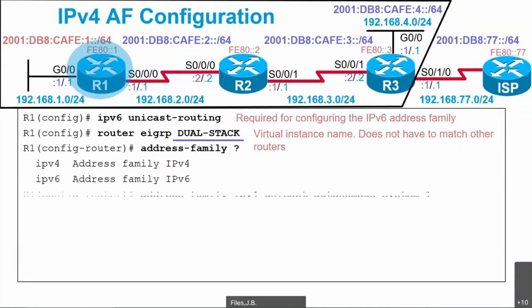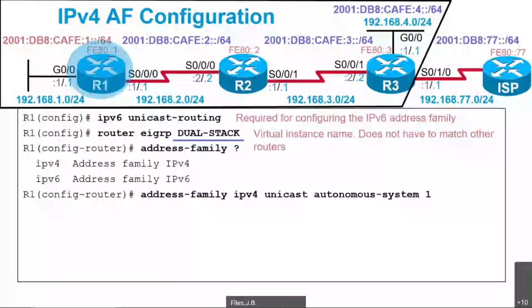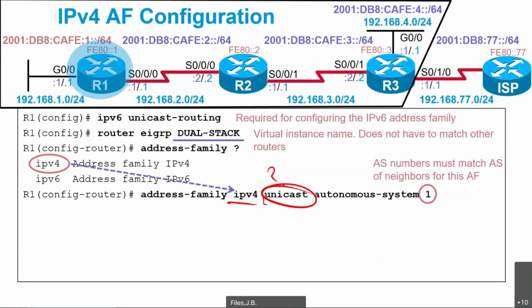Okay. So IPv4, right? And then here you'd have some choices, unicast, multicast, right? We're going to do unicast. Okay. Autonomous system 1. This must match the other routers for this address family.